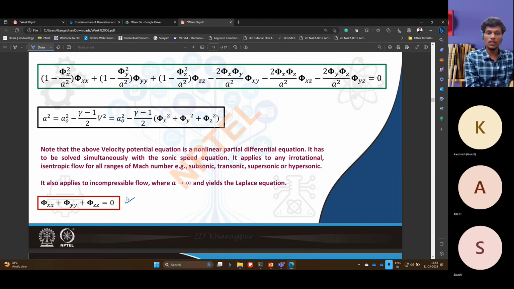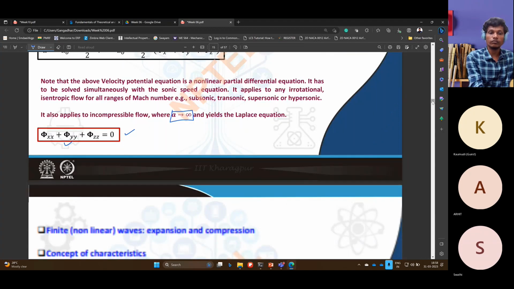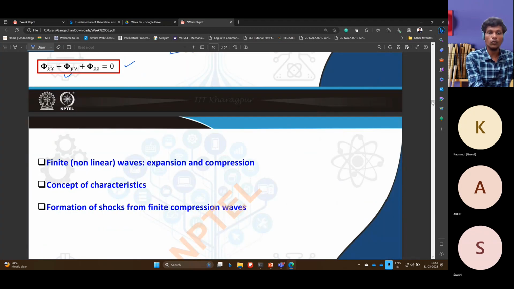But if we set the sound velocity tending to infinity, which is our main criterion for subsonic flows, theoretically applying that and substituting it in the complete velocity potential equation, you will end up with the Laplace equation, which we derived already in the subsonic concepts.